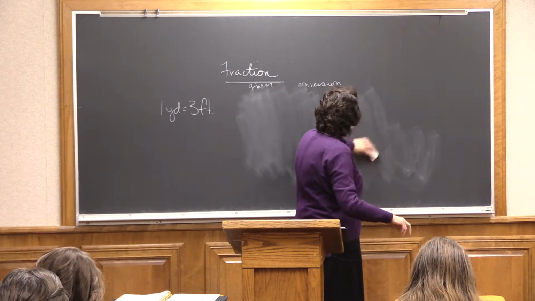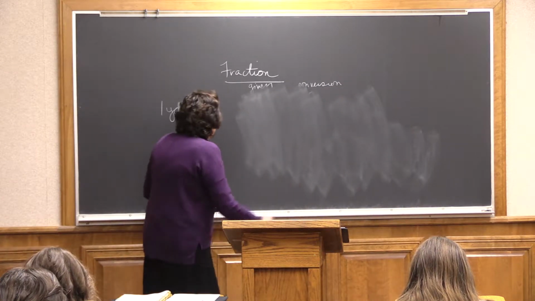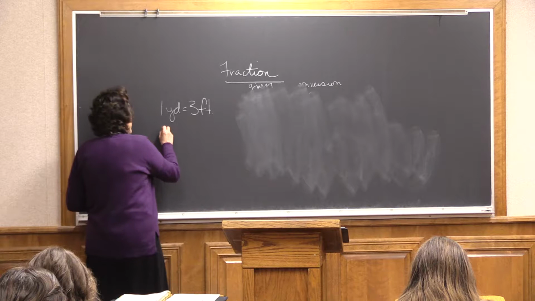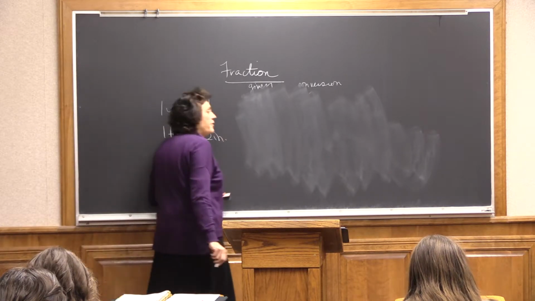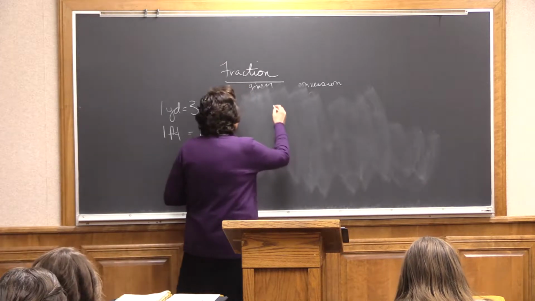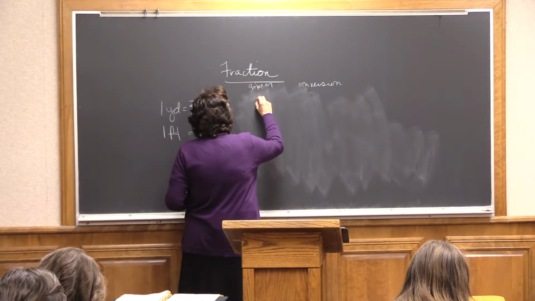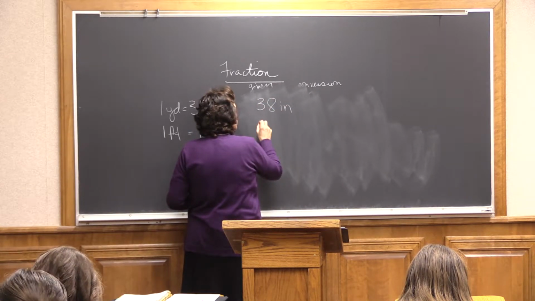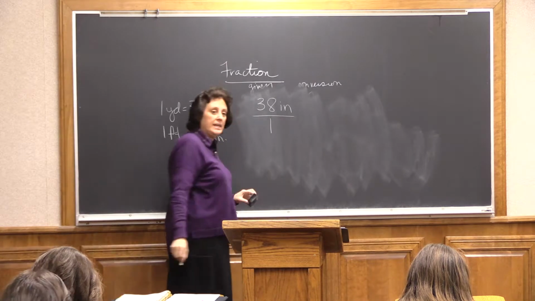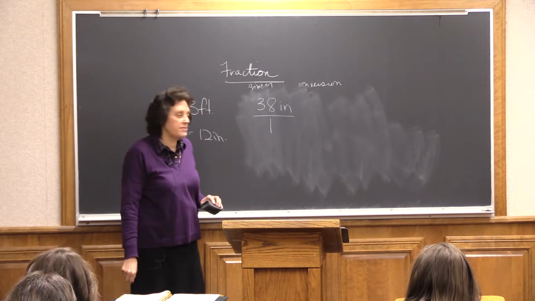Let's say I want to do, of course we know that 1 foot equals 12 inches. What if I want to do, let's do 38 inches equals how many feet? Let's convert inches to feet.